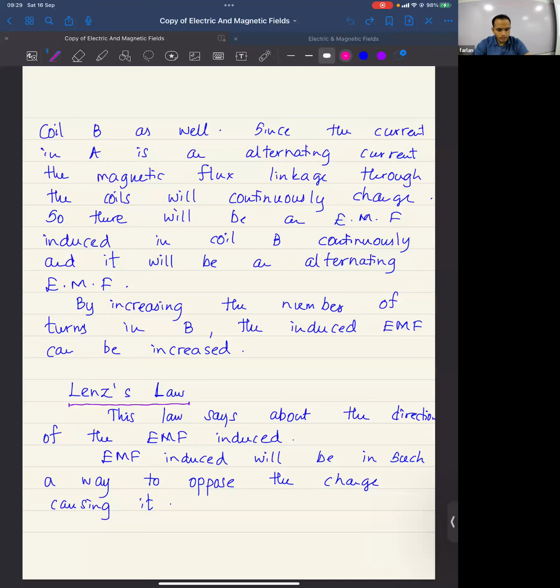Right below that. By increasing the number of turns in B, the induced EMF can be increased.